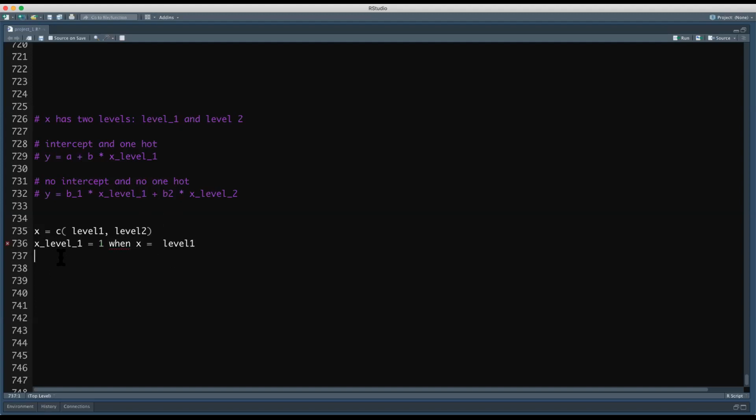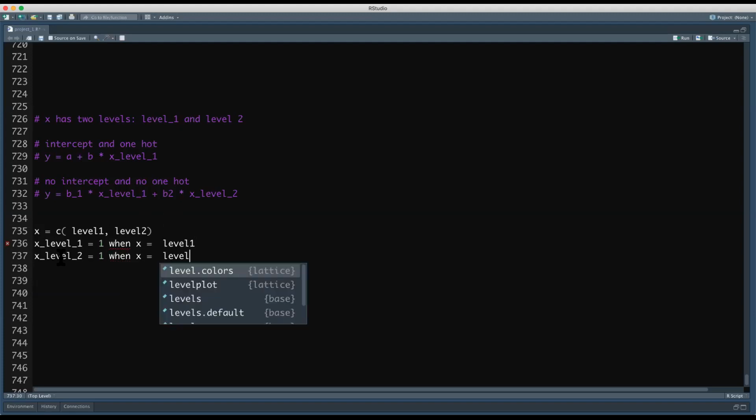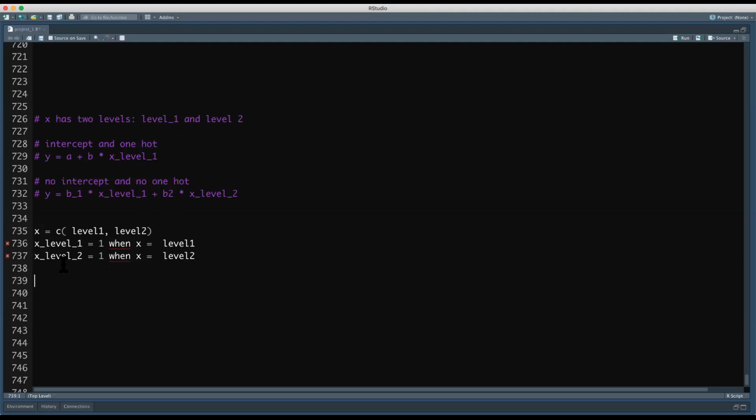But we don't create another variable X level 2 equals 1 when X equals level 2, because this case is included in the intercept, like A here. Another way to do it is that we don't use any intercept, but then we have to include the other level. That's the difference.